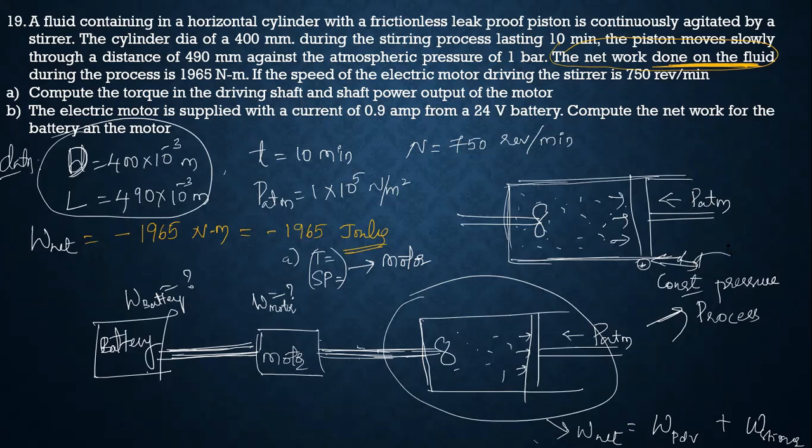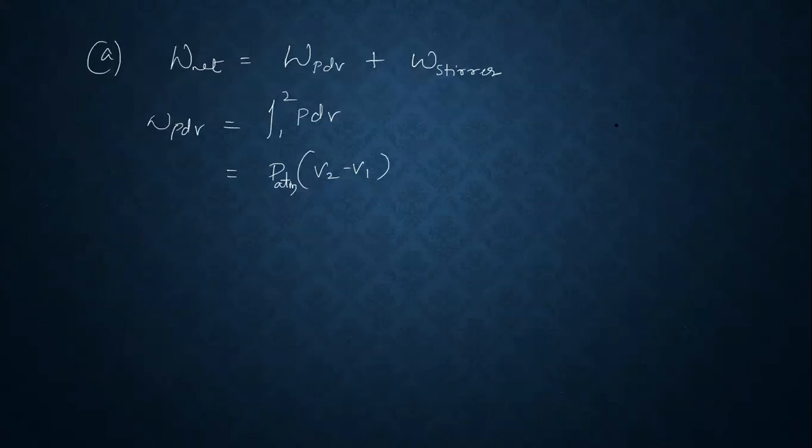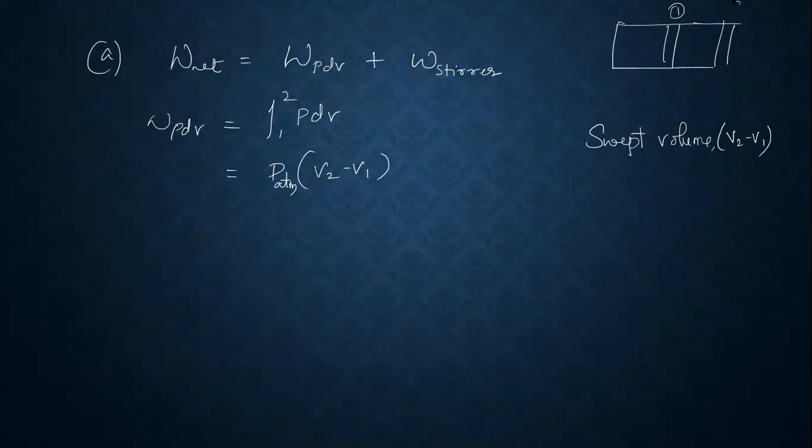The corresponding volume will be the swept volume, which is V2 minus V1. In the piston and cylinder arrangement, if this is the initial state and this is the final state, and the piston has moved through L, the difference in volume itself is the swept volume Vs. Therefore Vs is equal to V2 minus V1.